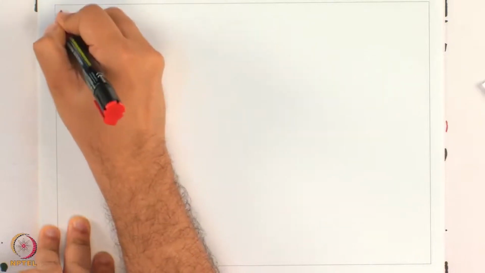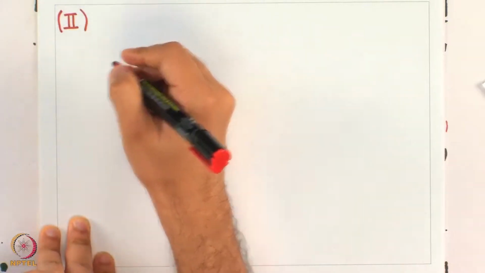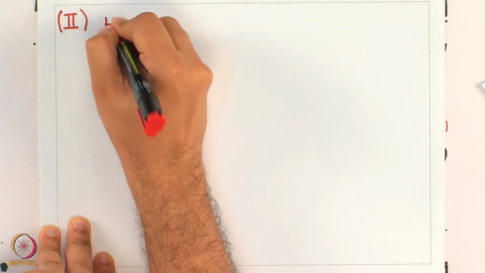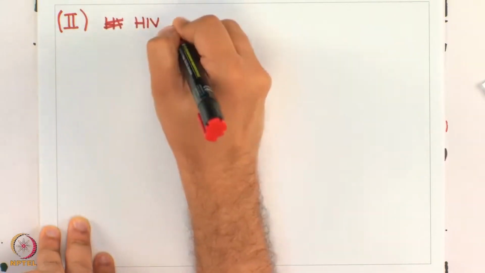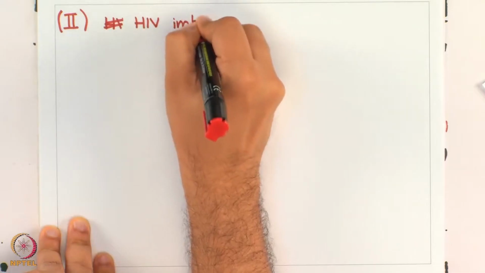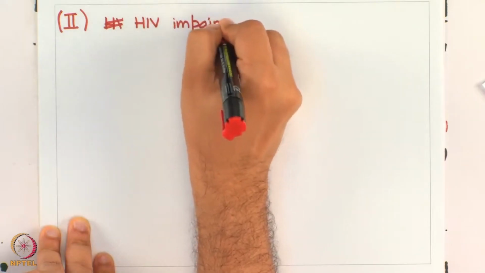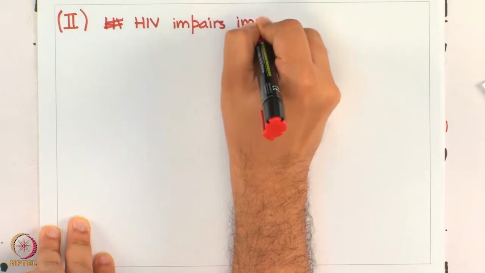So, this is the second feature that we want to include in our model, and that says that HIV impairs the immune response.